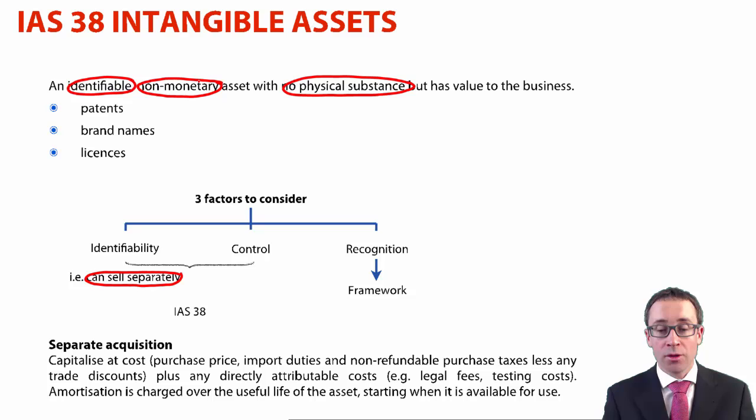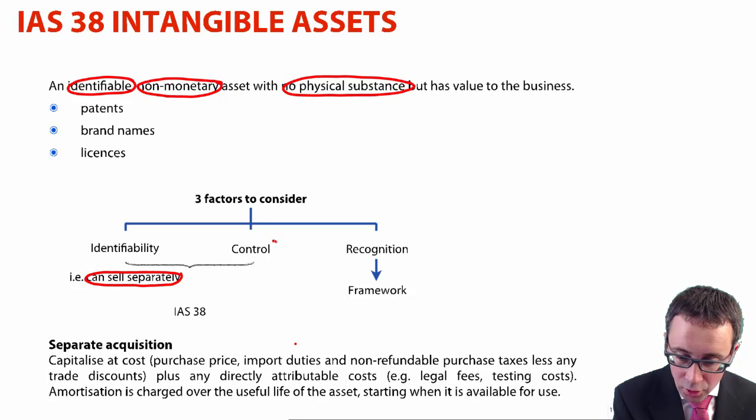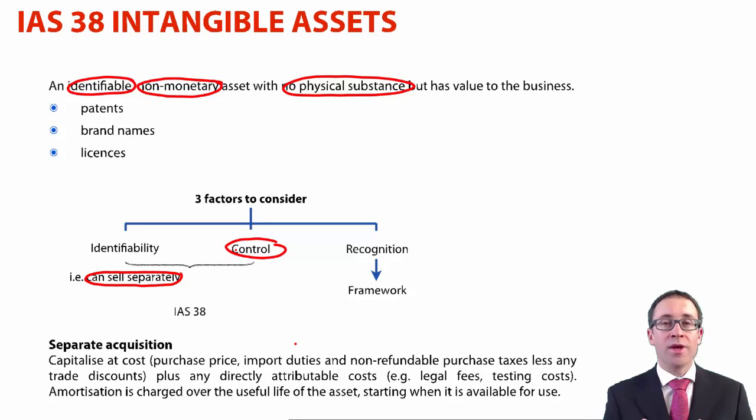So you have to be able to control the benefits that you get. So you essentially prevent others from getting those benefits, therefore entitling you to increase your economic benefits. So that's what happens with a patent, isn't it? You have control over the idea that you have created, or with a license, you have control over who can print the material.